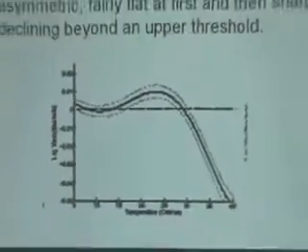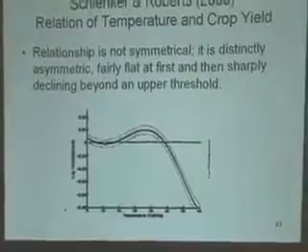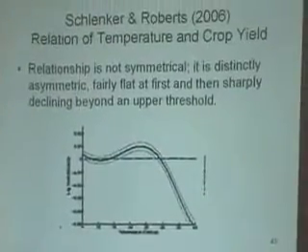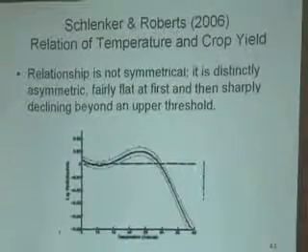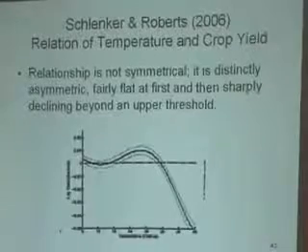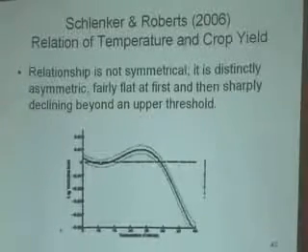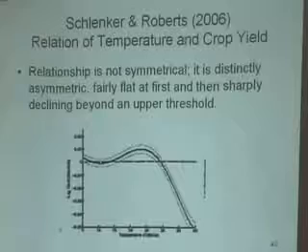But this is not symmetric. The losses from excessive temperatures are way greater than the gains in cool areas from a warming of temperatures. And so the gains don't balance out the losses. But up till now, a lot of the literature has reflected this in a symmetric curve, which would look like the curve if you flip the right-hand side so it went down.